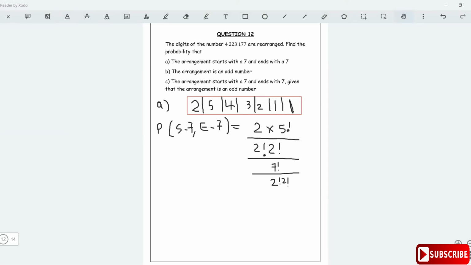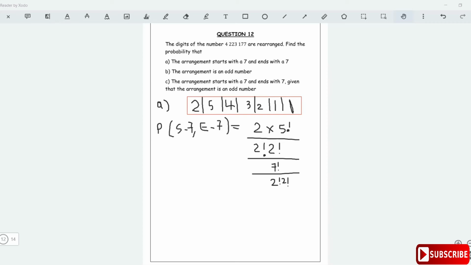So all of this will work out to be equal to, let's put it in our calculator. We're going to have 2 times 5 factorial, divided by 2 factorial times 2 factorial.